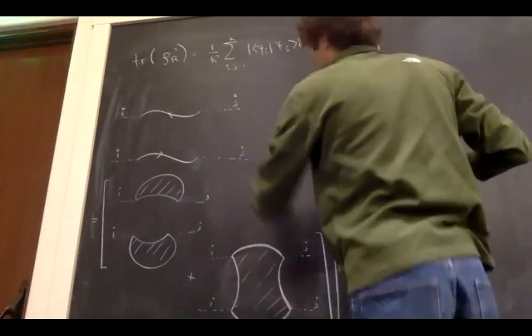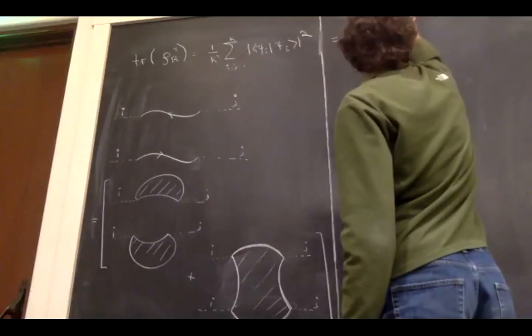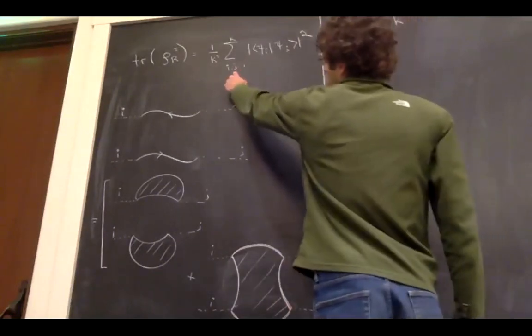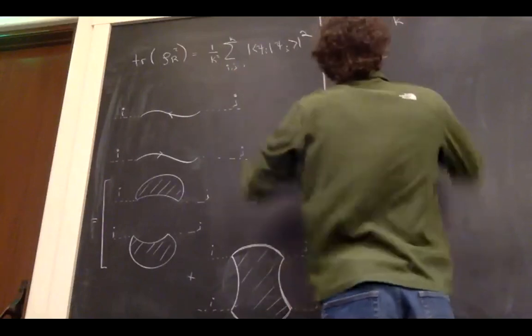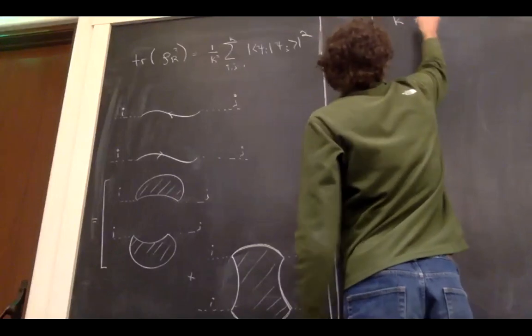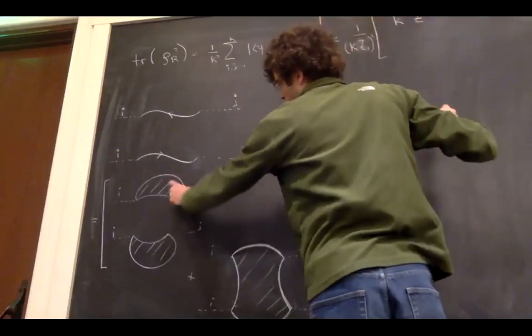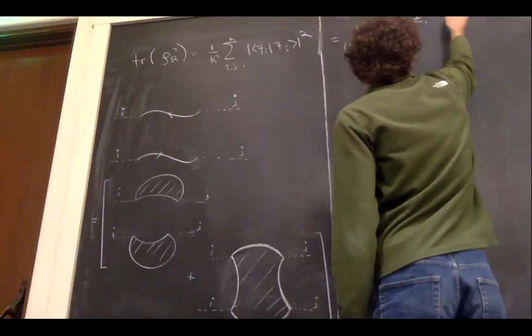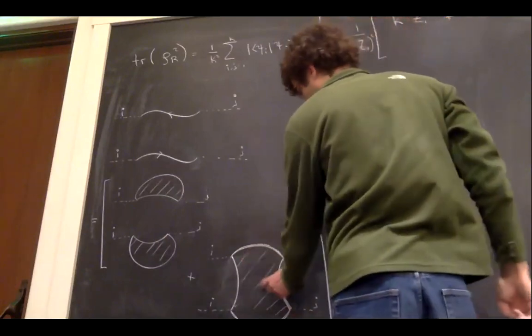The first diagram gives us one factor of k because we inserted a Kronecker delta ij, so the two sums collapse to a single sum. We get a k times the path integral on two of these half moons, that's two factors of Z1. And the second term here, this one.